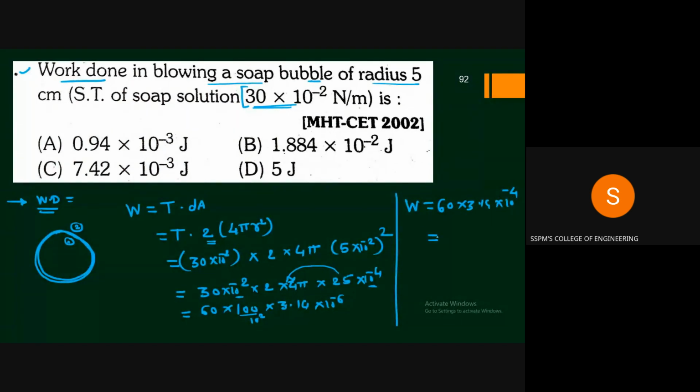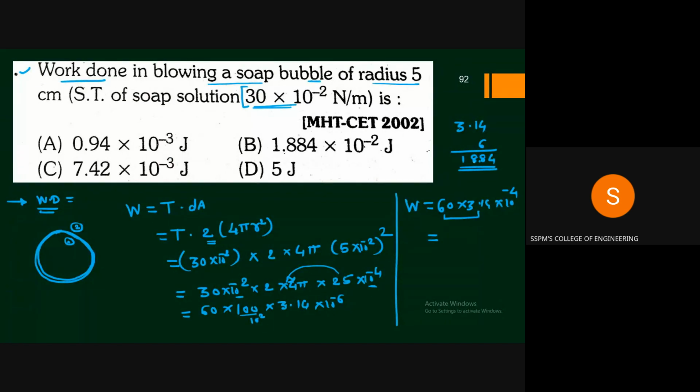Okay. Now just multiply this. You can either multiply by 60 or just multiply by 6. So 3.14 into 6. This value will be 1884.